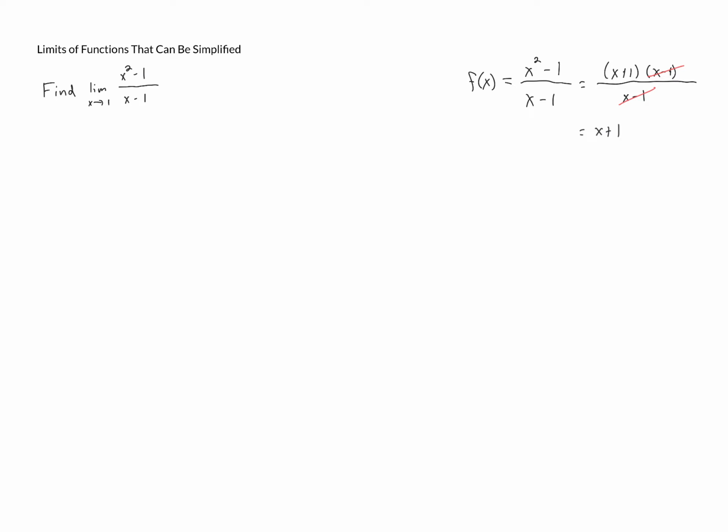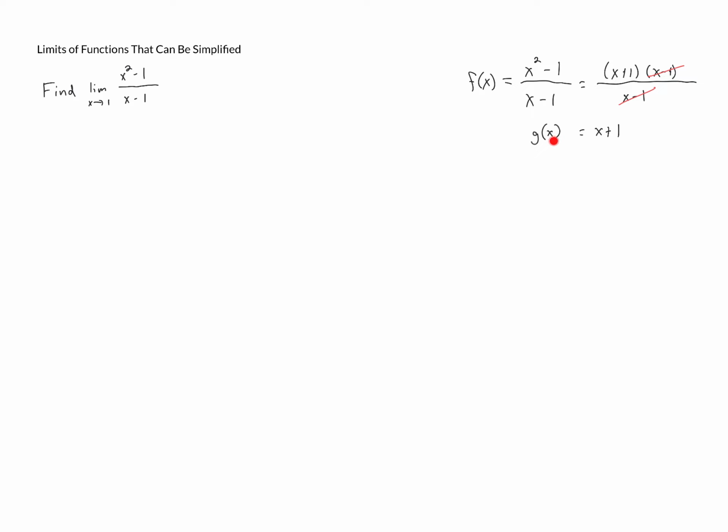And I want to talk about the original function and then this new function. Let's actually call this new function g of x, because there is a difference between this original function and this quote-unquote simplified function. These functions are equal to each other for every value of x except x equals 1.